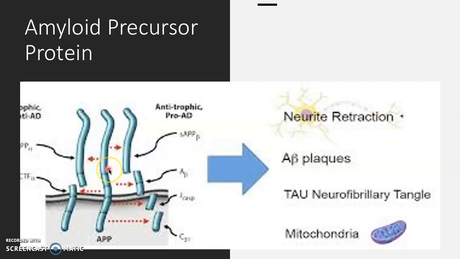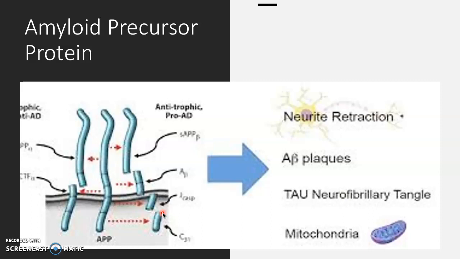If it ends up getting cleaved by a different enzyme at four different spots and makes these four different peptides, although this comes from the same progenitor protein, it has a whole different effect. So it's going to cause synaptoclastic, bad signaling and cause the amyloid to build up and all that.